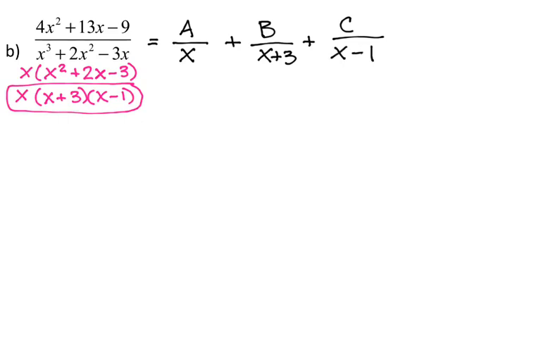Now, in order to figure out what you're going to multiply by, you should always compare this denominator to this right here, because that's supposed to be my common denominator. So my first fraction of A over x has x in the denominator. What it doesn't have is the x plus 3 and the x minus 1. So that is what I'm going to multiply by. I'm always multiplying by what's missing.